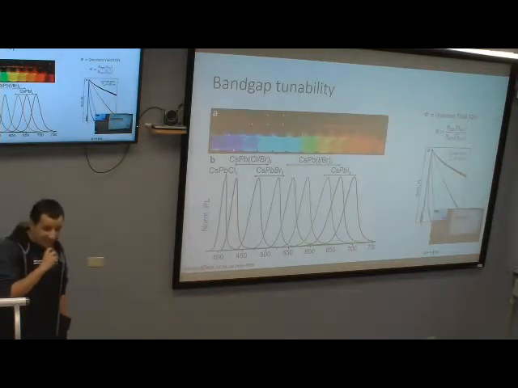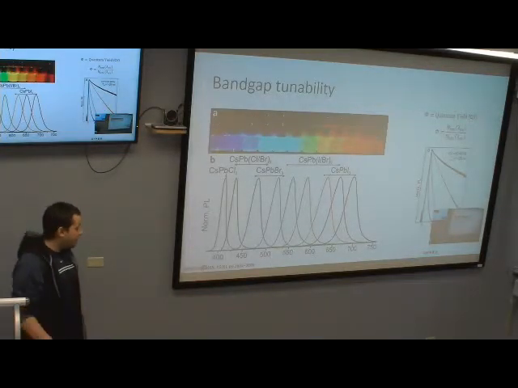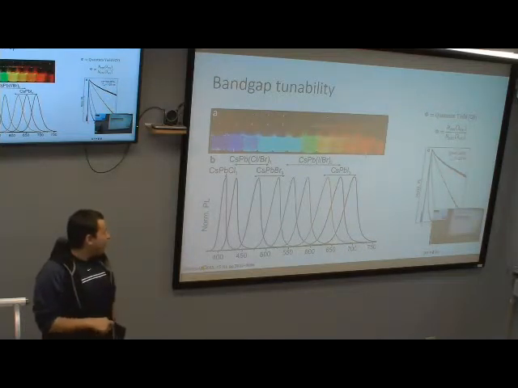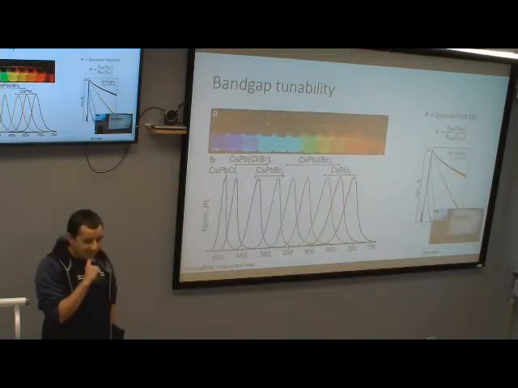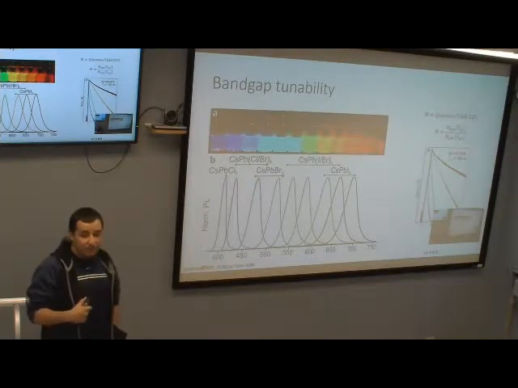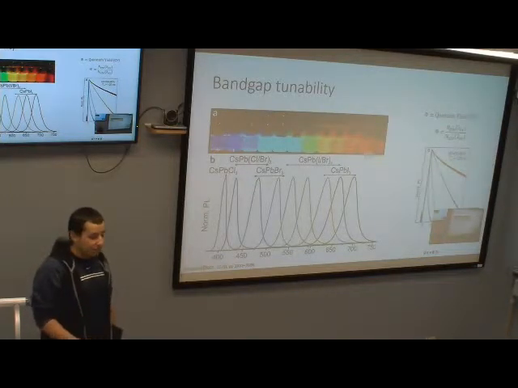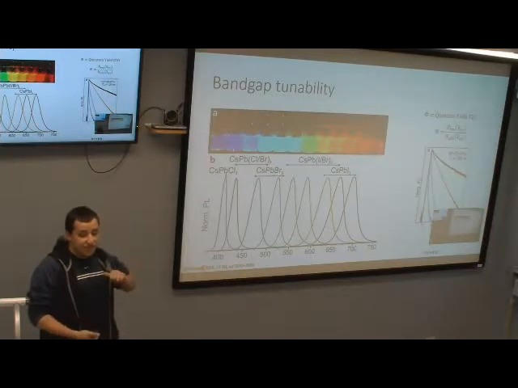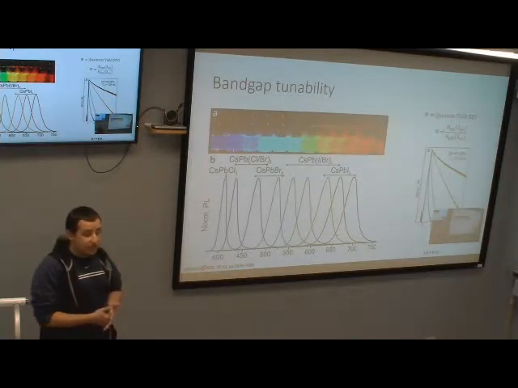So what makes perovskites unique in their own character is their band gap tunability. What we mean is we're allowed to choose what type of energy current it is between both of them.